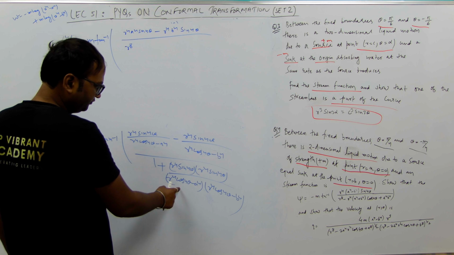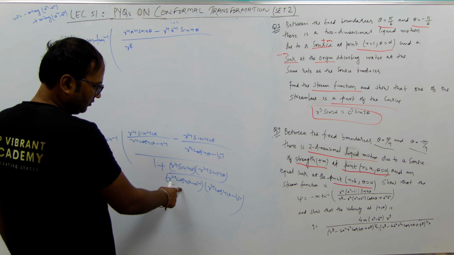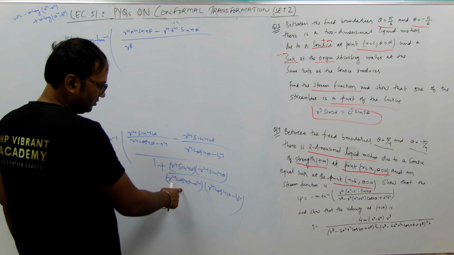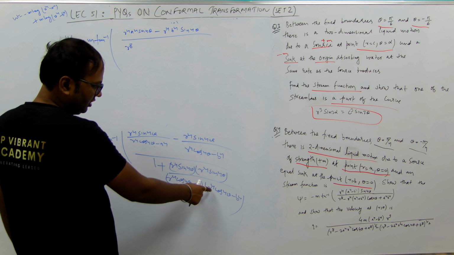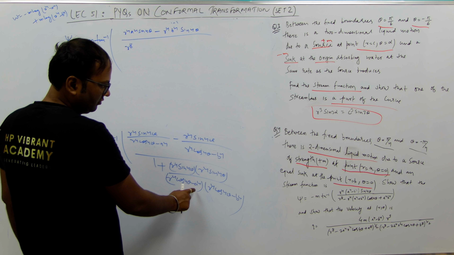and from here this is r^4 into (a^4 + b^4).